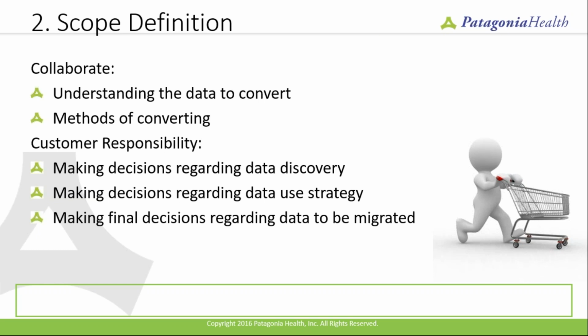Also, with each data element that is mapped, there may be a need to cross-reference the values within that element. So let's say the race field is defined with a numeric value in one system, but the new system might use an alphabetic character.